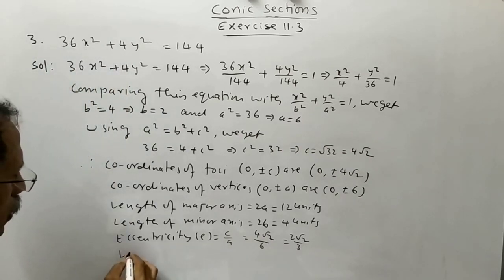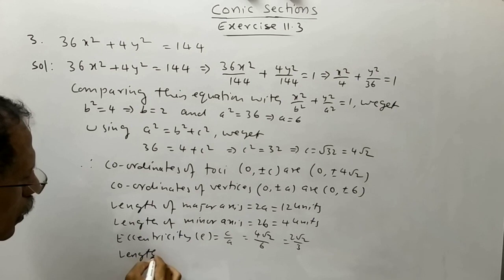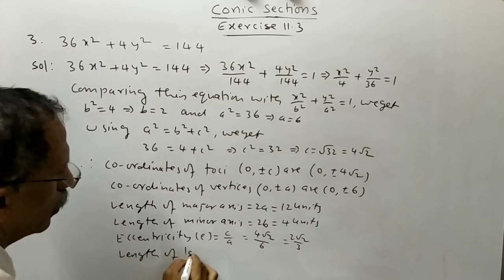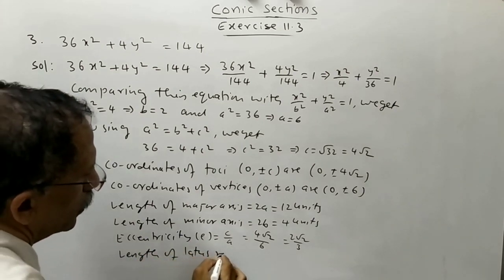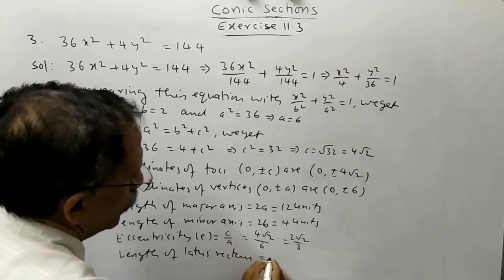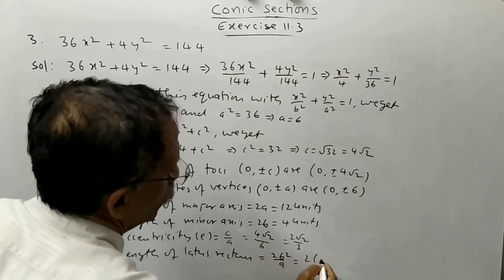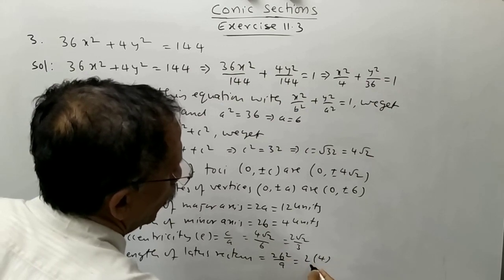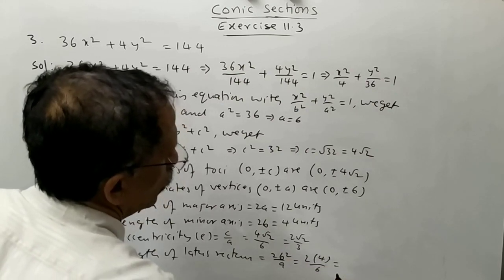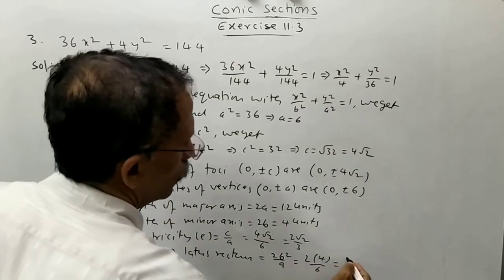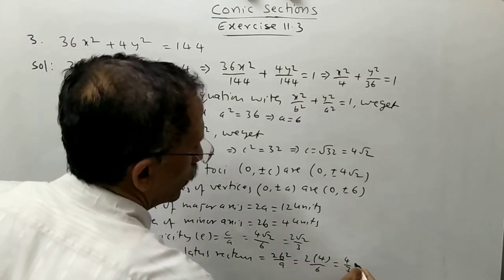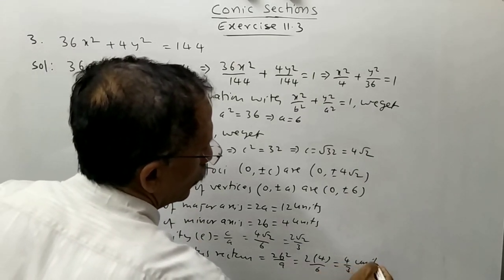And length of latus rectum is equal to 2b square by a is equal to 2 into 4 divided by 6 is equal to 4 by 3 units.